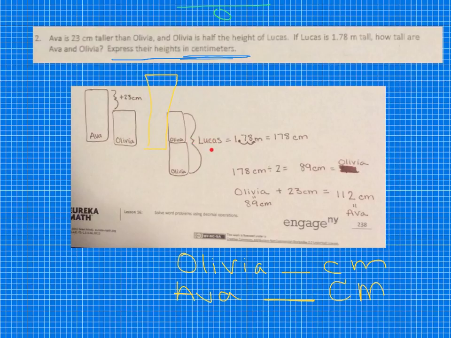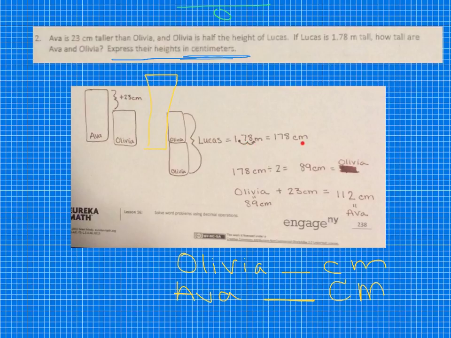Okay? Now, it tells us that Lucas is 1.78 meters. Okay? And then we want to know how much the other ones are. Now, meters, that's not centimeters. We're supposed to be finding this in centimeters. So right off the bat, we want to change 1.78, or 1 and 78 hundredths meters, to centimeters.